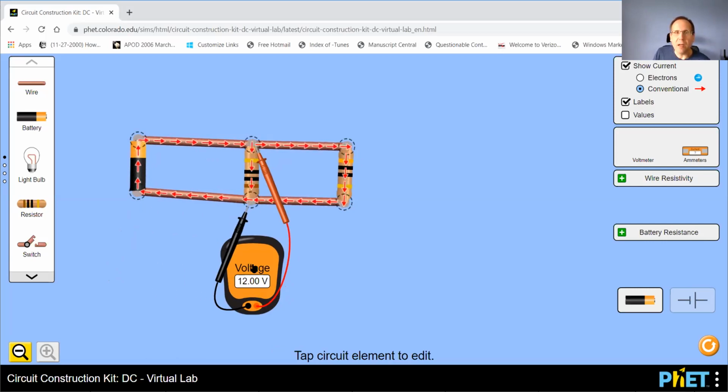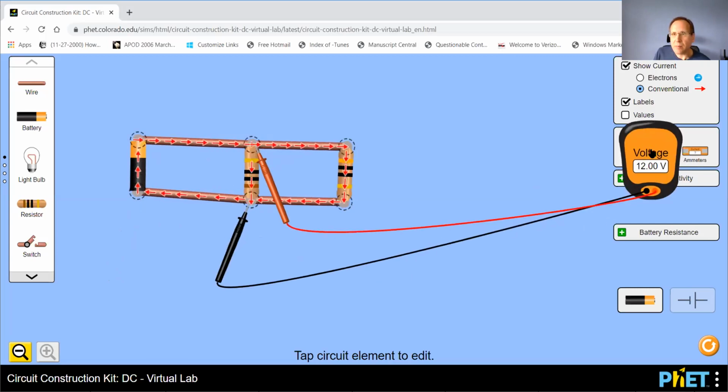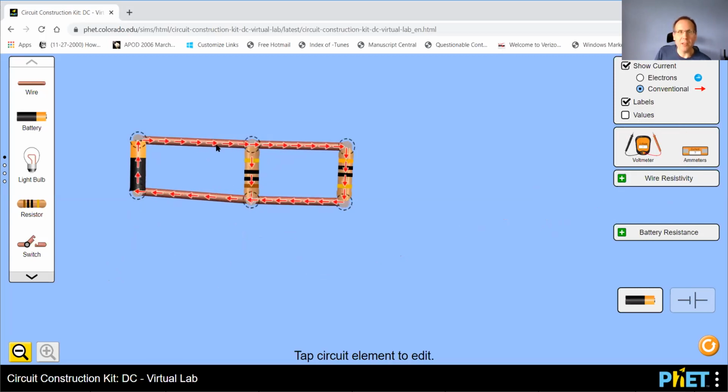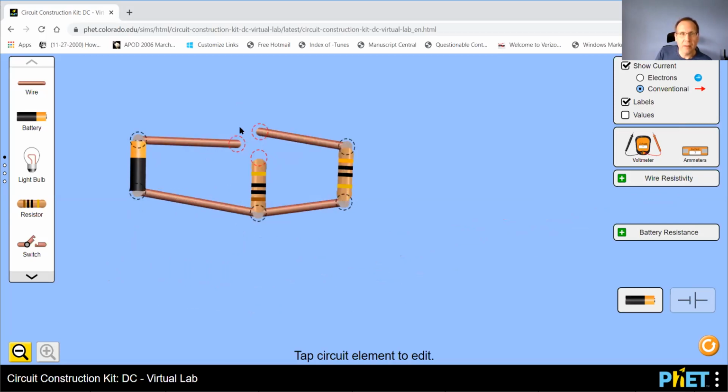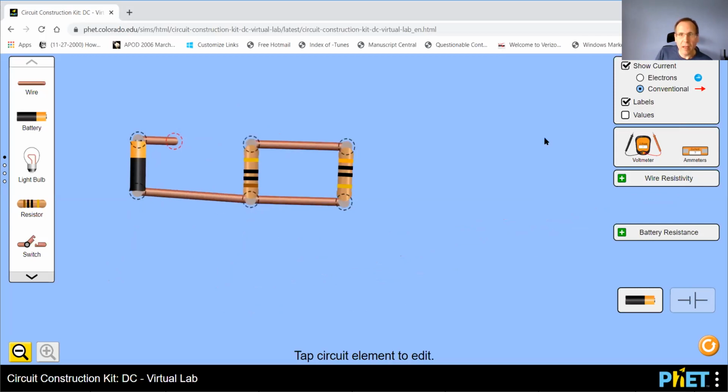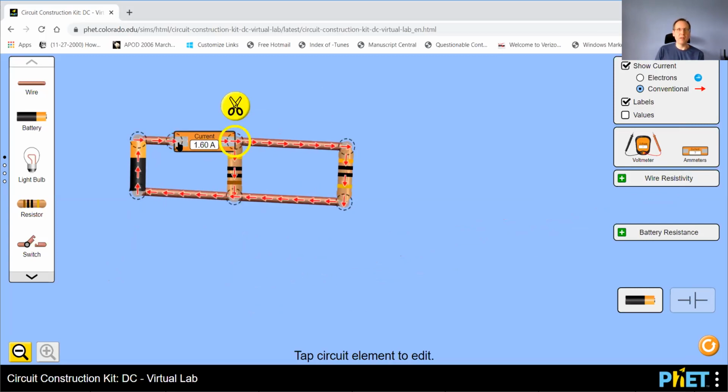Then to measure the current at those 4 locations, remember the first one was right here, so I need to split this. I can connect this up again, and then I need to put the ammeter in there. So that would be the current I1 in this case, right?